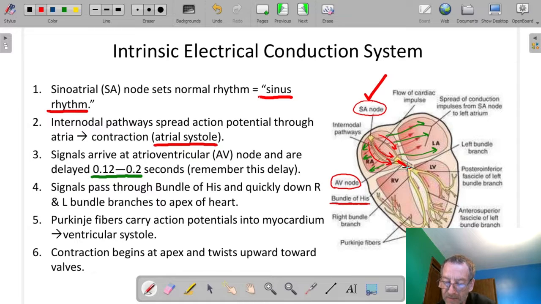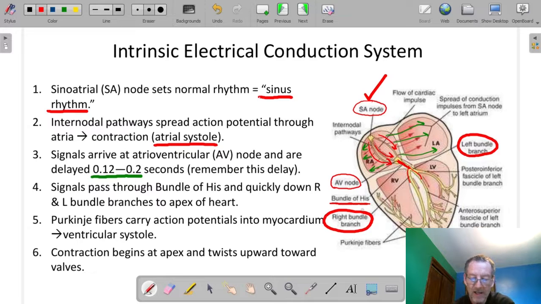Then that bundle of His, once it's into the ventricles, branches several times and goes down both sides of the interventricular septum as the left bundle branch and the right bundle branch. And those branches then travel rapidly to the apex of the heart.